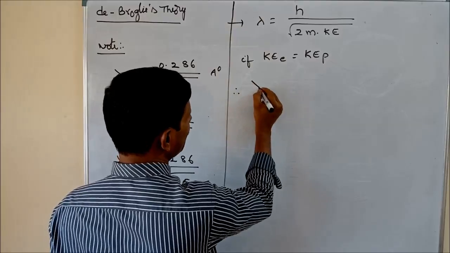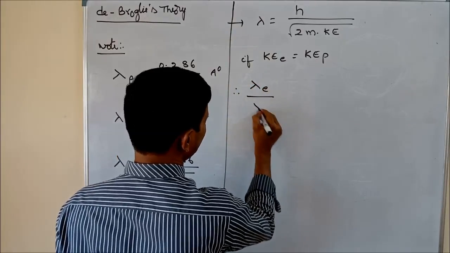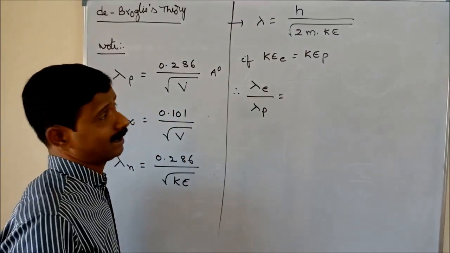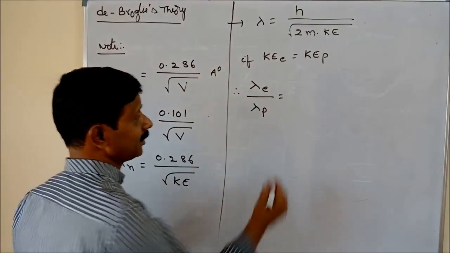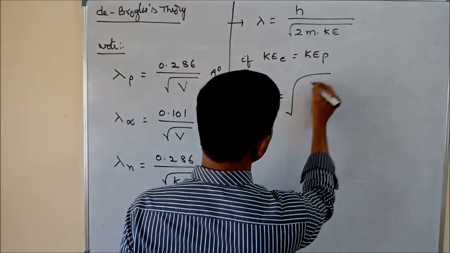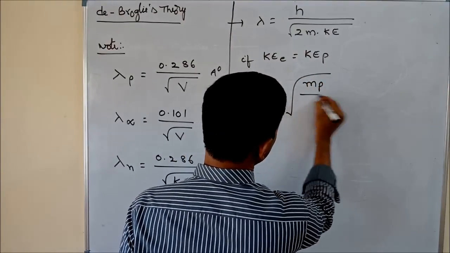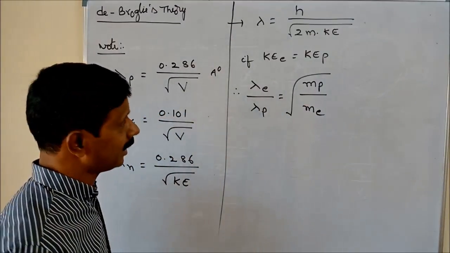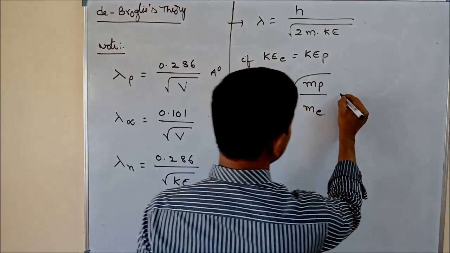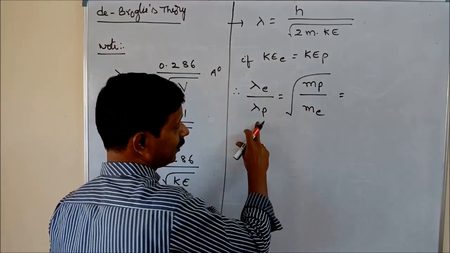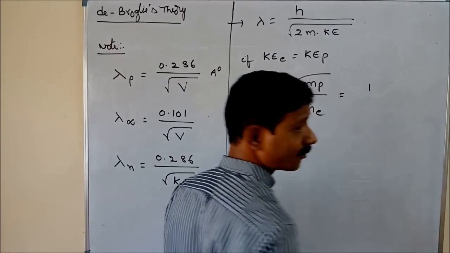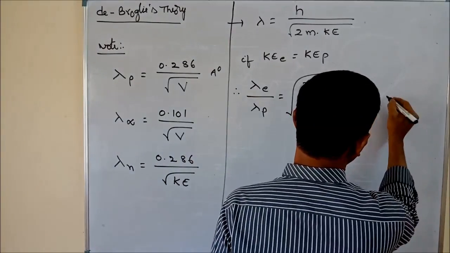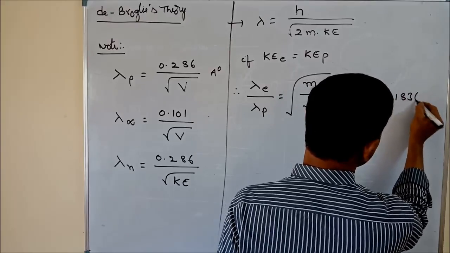Therefore, wavelength of the electron by wavelength of the proton: since masses are different and everything else is going to be cancelled, it is nothing but root of mass of proton by mass of electron. Now if you substitute the masses, with respect to the hydrogen atom, the mass of the proton is 1 and the mass of the electron is 1 by 1836.